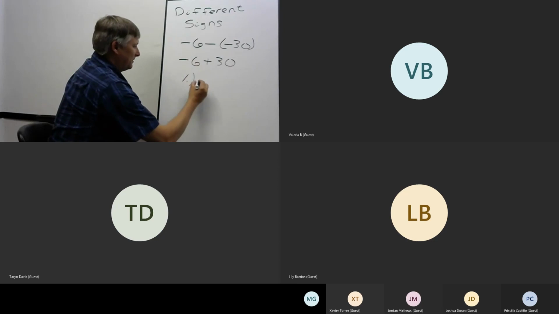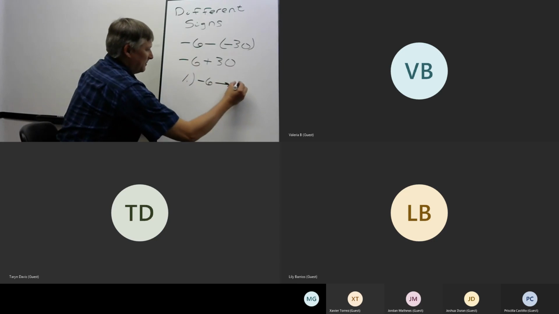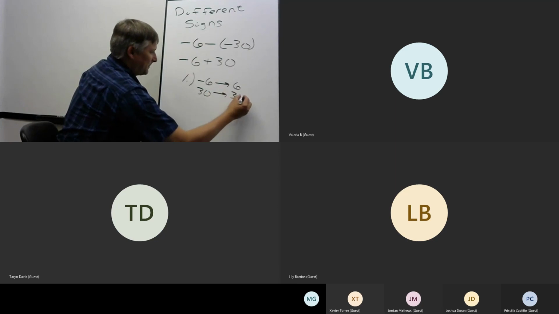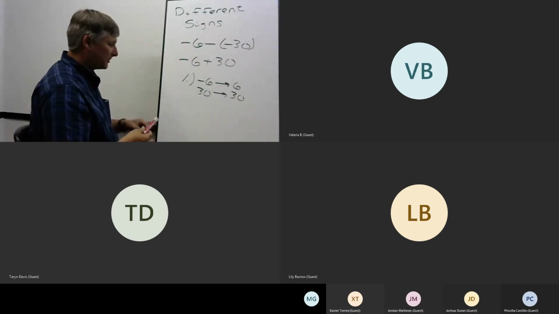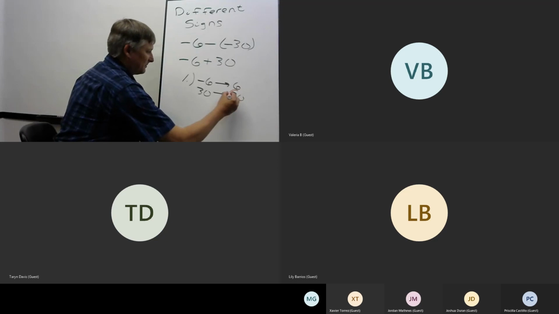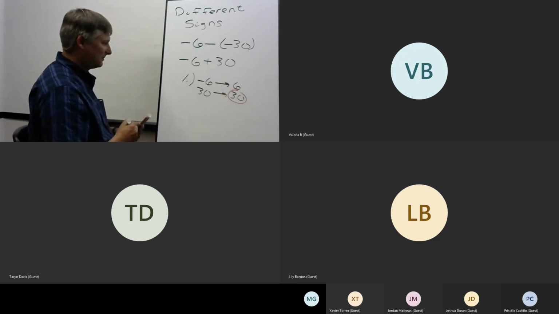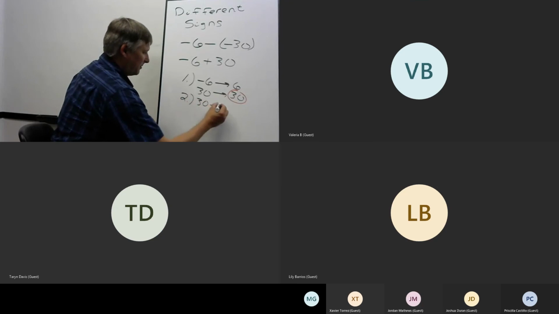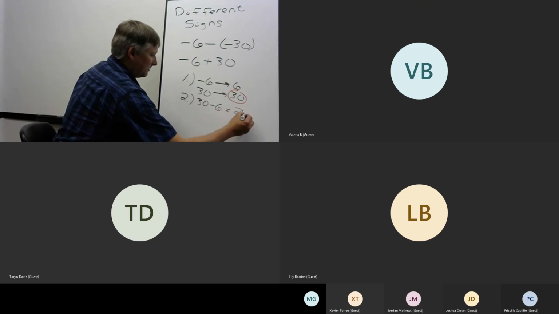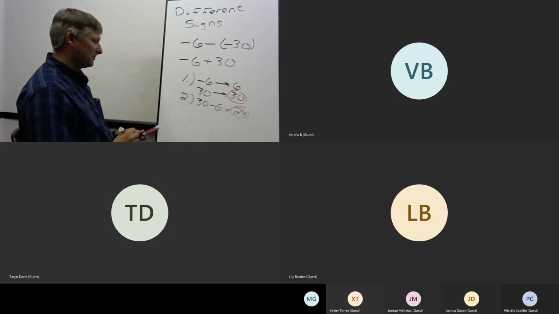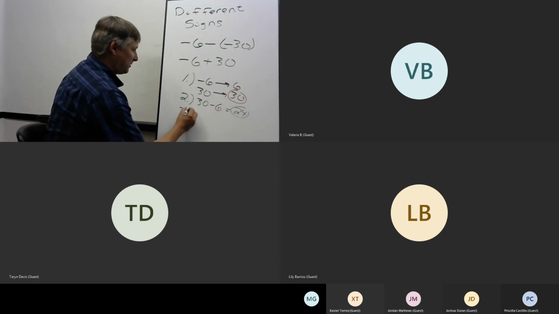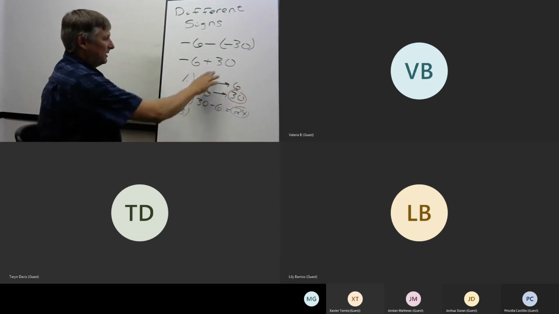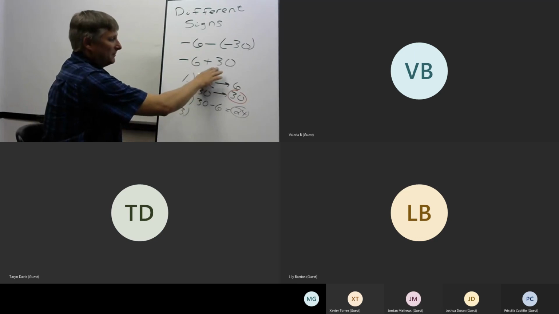So first off, negative 6 becomes 6. 30 stays 30. And 30 is the larger number. We do our subtraction with the positives. The preliminary answer. And then 30, once we simplified it down to this, in this case, 30 shows up positive.